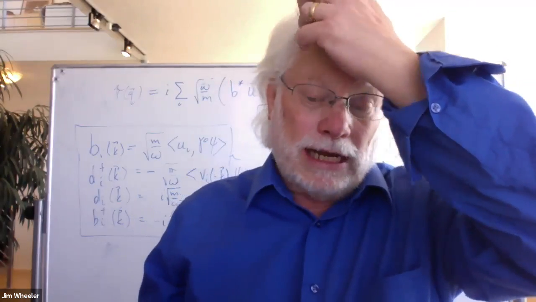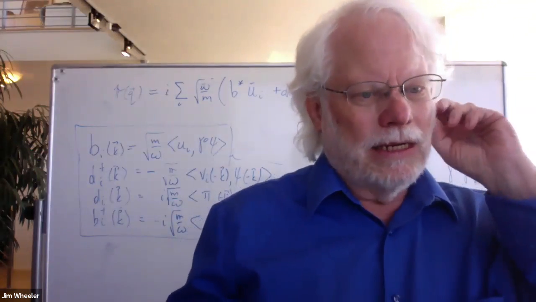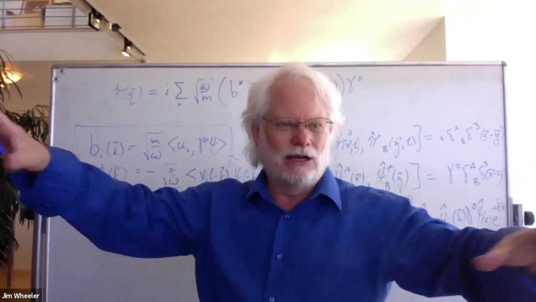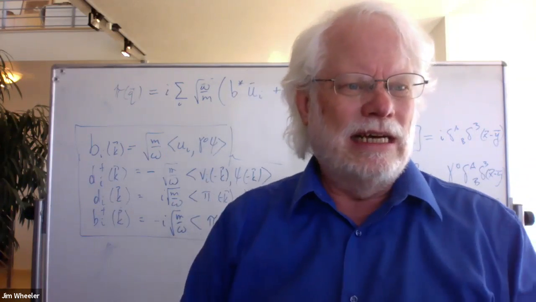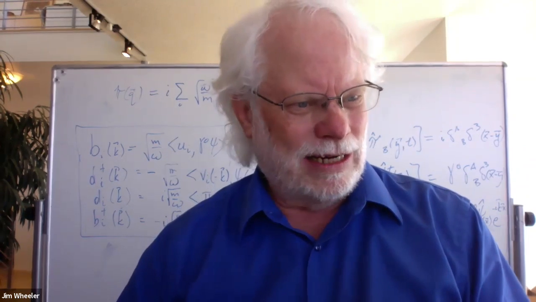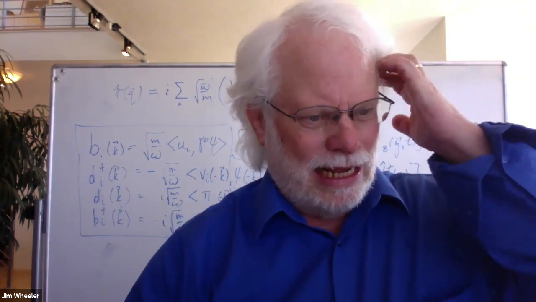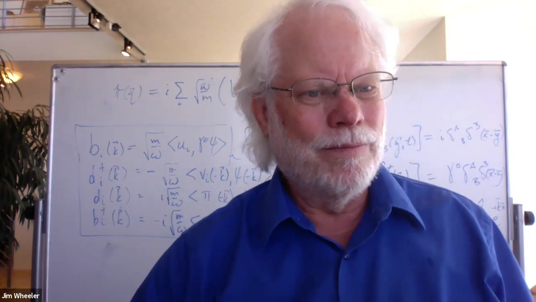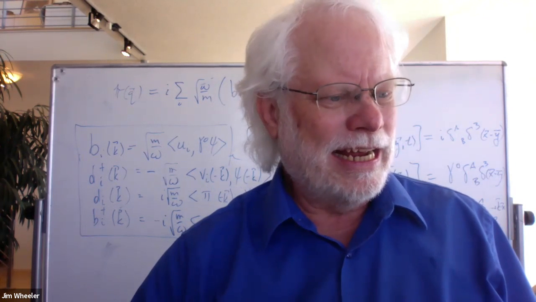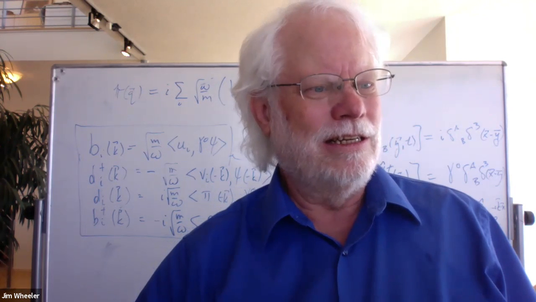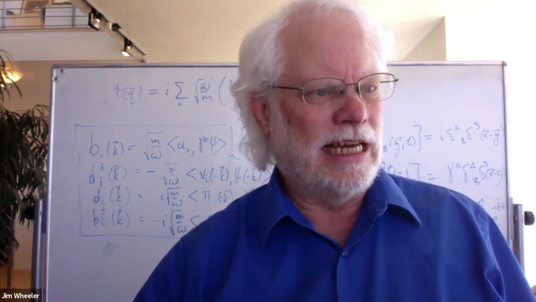read through the notes. I do it two different ways, right? I do it in detail with all the fields written out. I do it with psi and psi dagger, and I do it with psi and pi, just to confirm that there's no mistake.